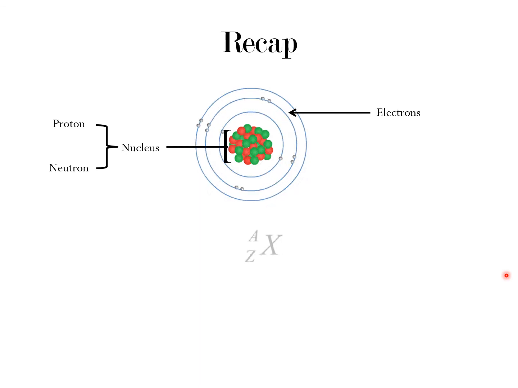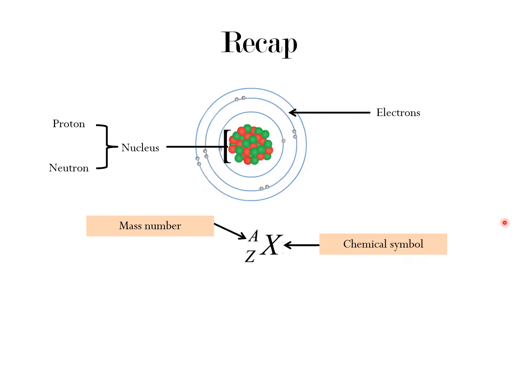As for the atomic symbol, the X is known as the chemical symbol, A is the mass number, and Z is the atomic number. So what is the meaning of the mass number and atomic number?